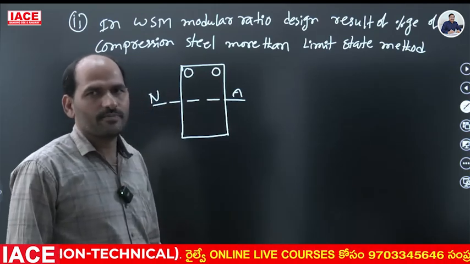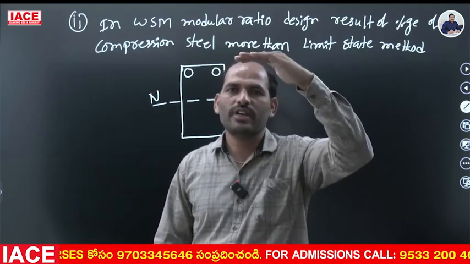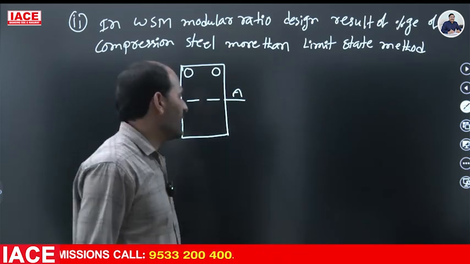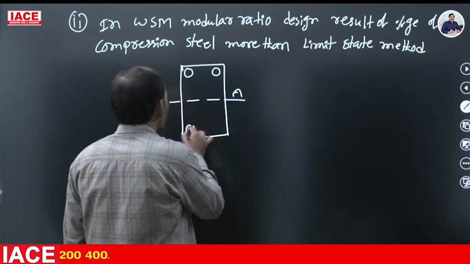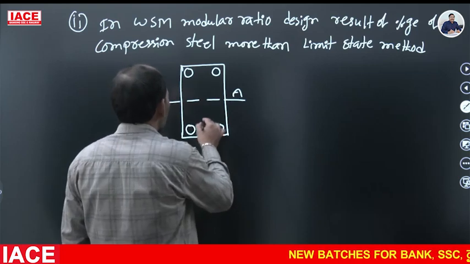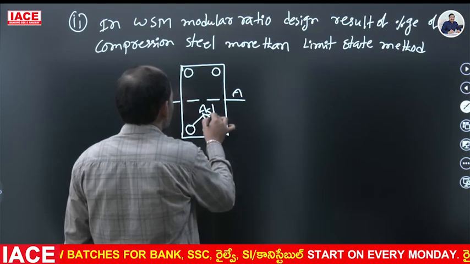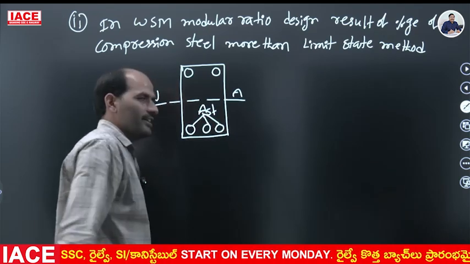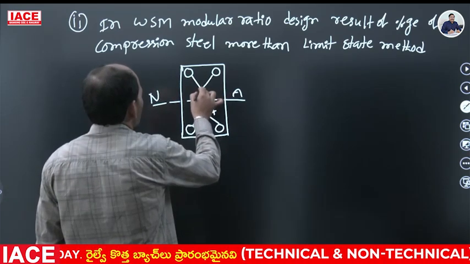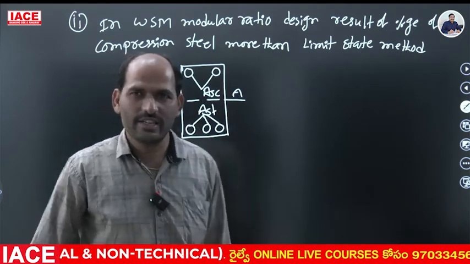To resist the tension we add more reinforcement in the tension zone. This reinforcement we call AST, that means area of tension steel. And the reinforcement in the compression fiber we call ASC, that means area of compression steel.